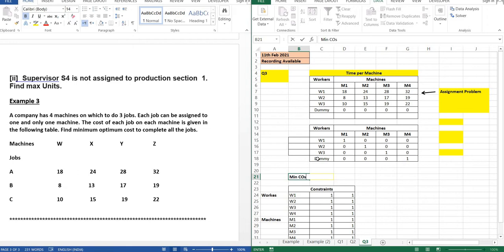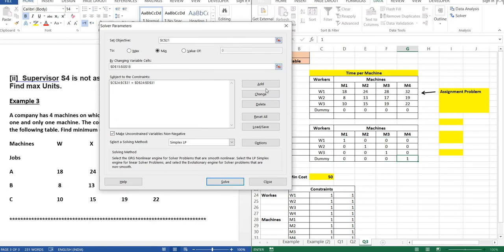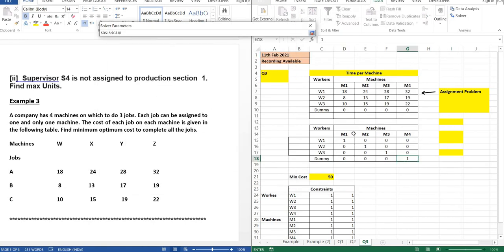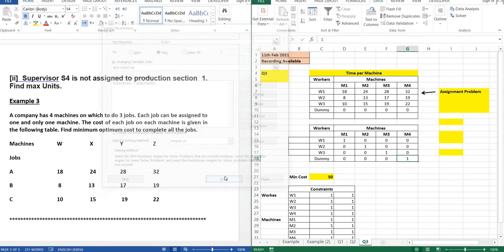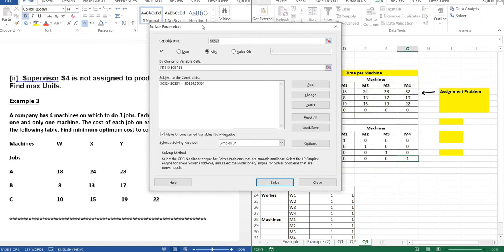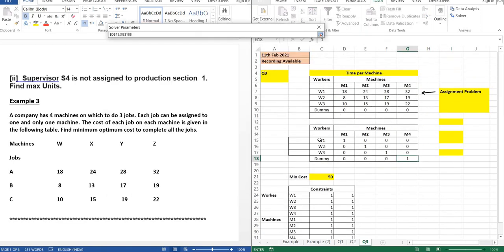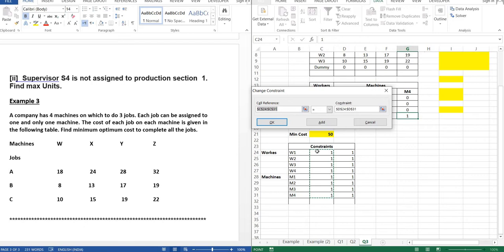S2 is not assigned to section 3. That is this number. And the problem is maximization. So what is to be done there? Sakrikar.